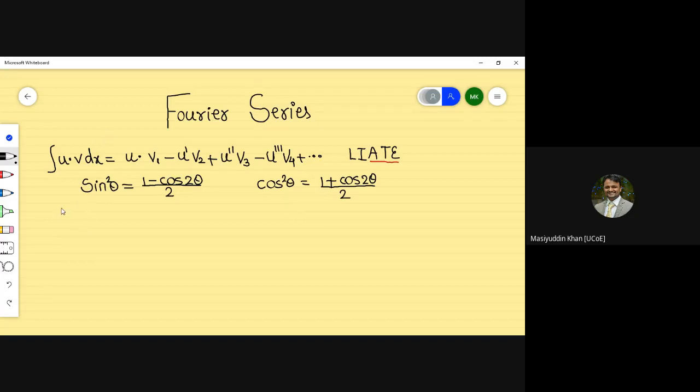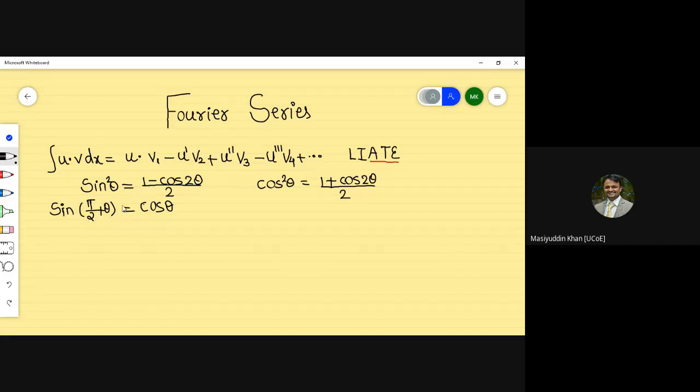Next thing you should remember: sine of pi by 2 plus theta, which is 90 plus theta, will become cos of theta.